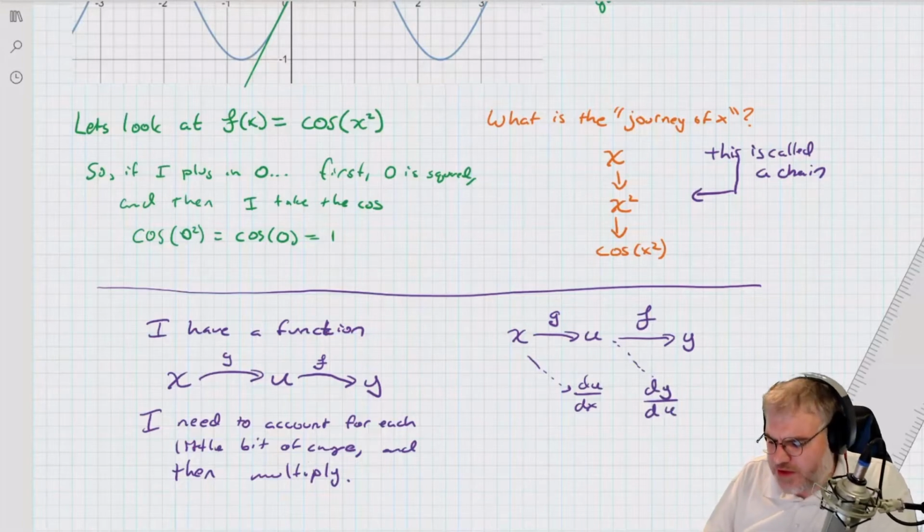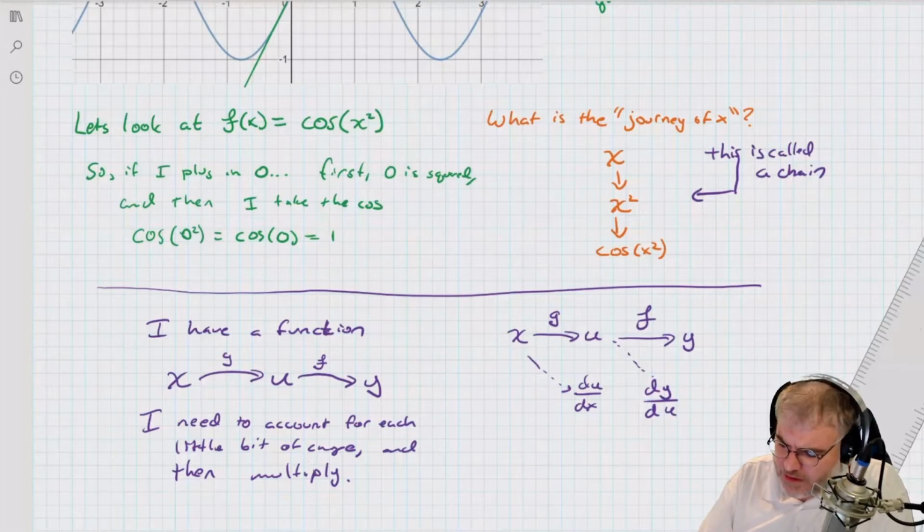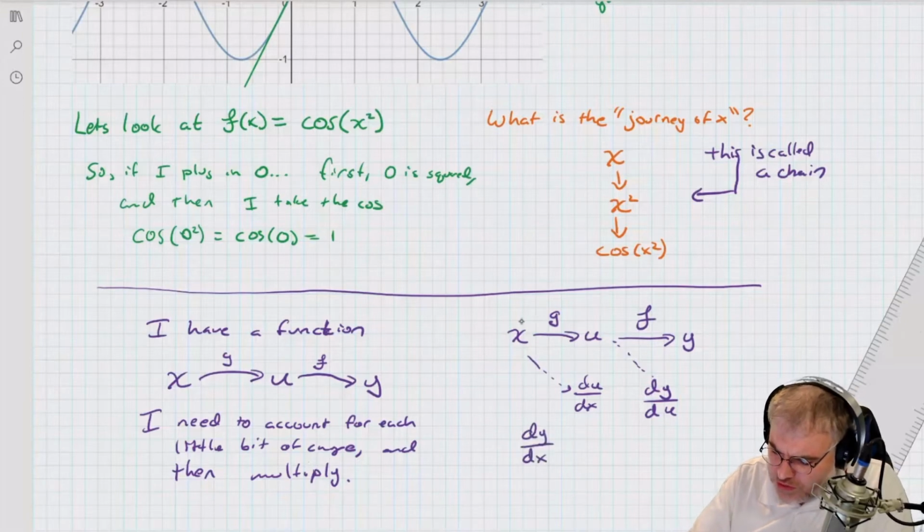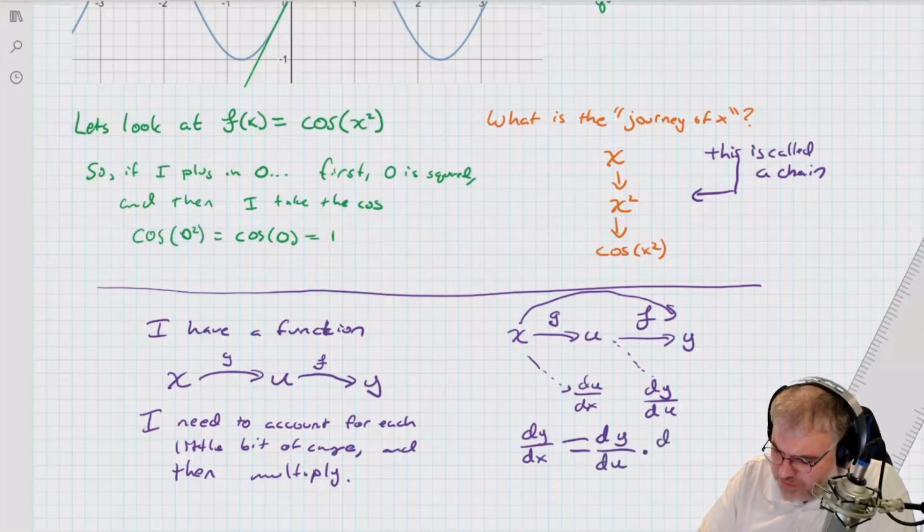And then what I'm going to do is multiply them together. So dy over dx, which is the whole change, equals, right? This is from x to y. So the entire change is going to be dy with respect to u times du with respect to x.